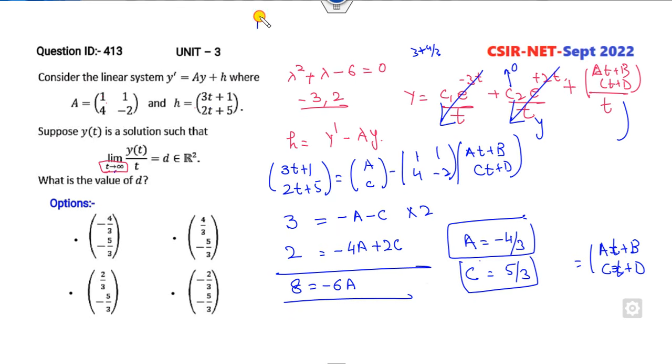It goes to only a and c, because b by t is 0. So what is the answer? Minus 4 by 3 plus 5 by 3, minus 4 by 3 plus 5 by 3. This is the possible answer, because only the plus and minus signs are changed; the rest are otherwise none of these. But looking more closely, that is the correct answer.